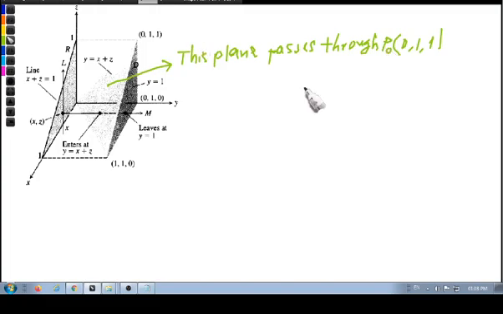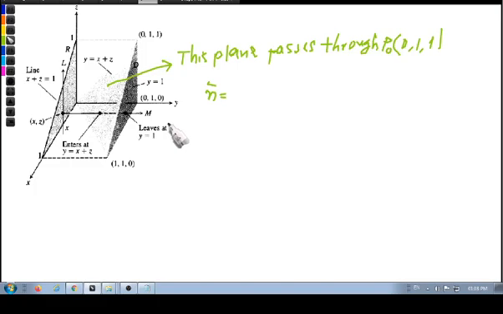So normal vector n is equal to... Okay, this plane passes through this point 0, 1, 1. Where is 0, 1, 1? Yes, here. And it also passes through this point 1, 1, 0. I want a vector perpendicular to both these vectors.